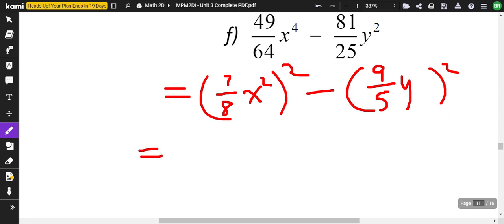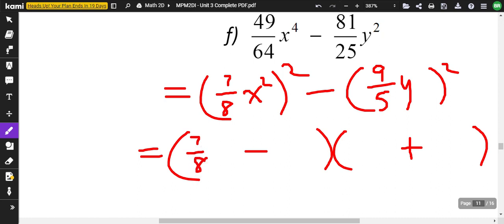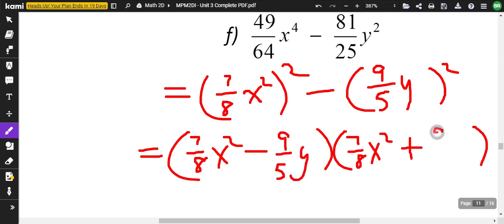So, in the end, we can say it is factorable, and in the front of each would be 7/8 x squared. And the back is going to be 9/5 y. Wow.